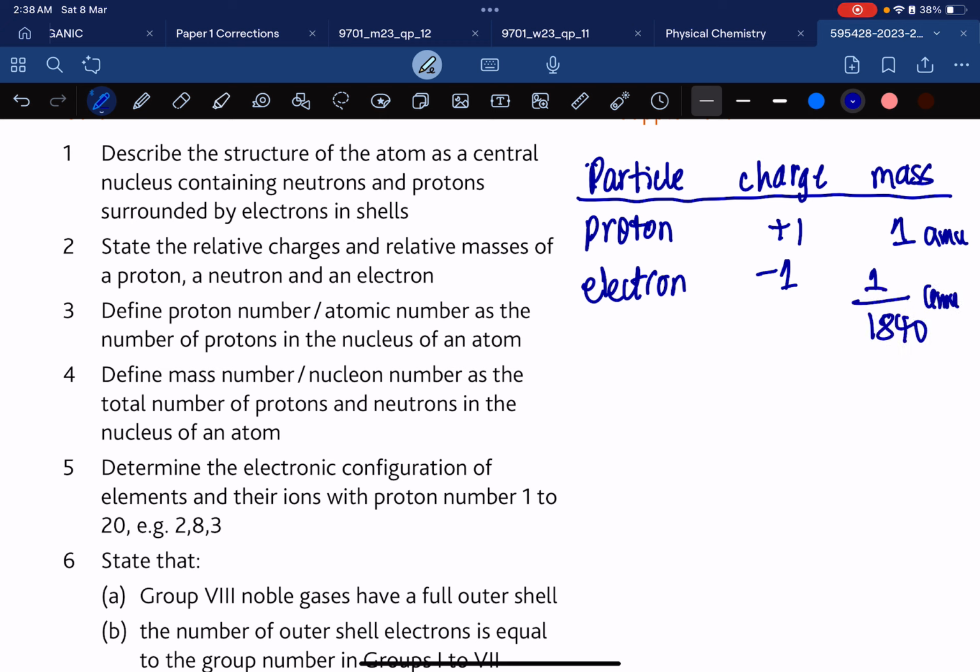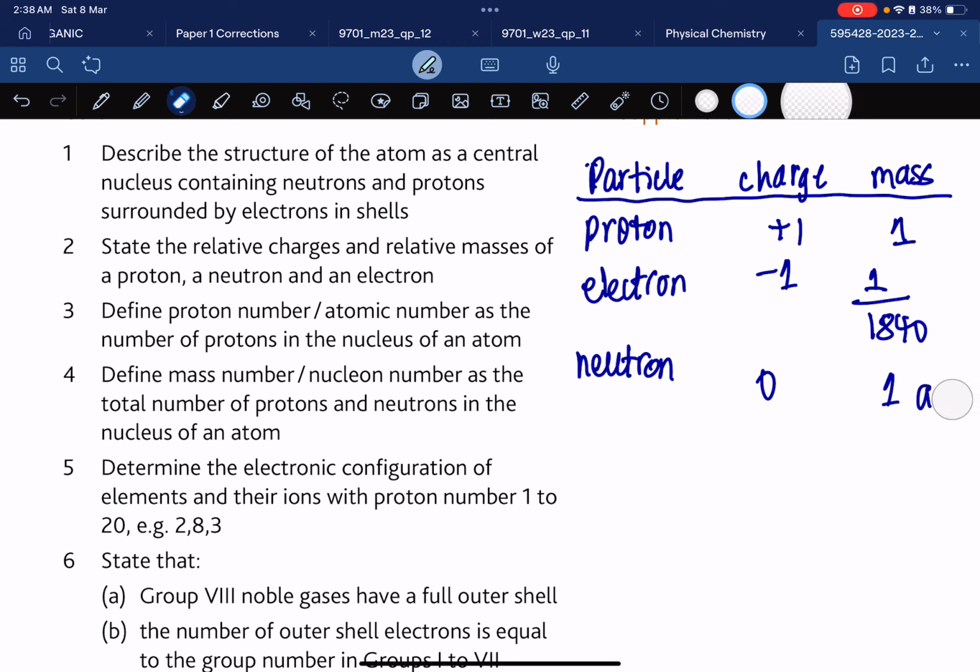You can see that this is a very small number, and that is the mass of the electron, which is why we say that most of the mass of the atom is concentrated inside its nucleus. Then you have your neutron, which has no charge and a mass of 1 AMU. Just write that in your question paper when they ask.